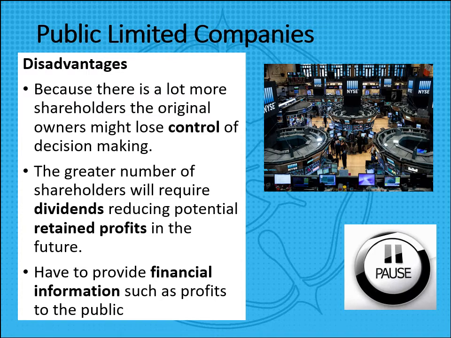So if you've got hundreds of thousands of shareholders expecting dividends, then potentially there's less retained profit in the business for them to expand in the future. They've used the shareholders' funds to expand, but it could be difficult for them to grow in the future if they've got a huge cost or expense of paying dividends out.